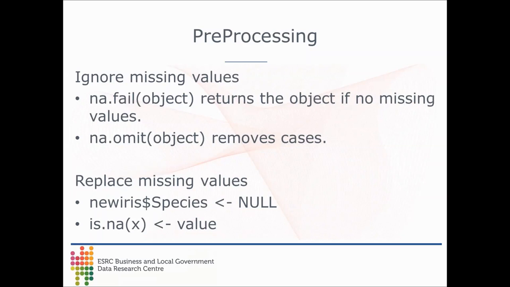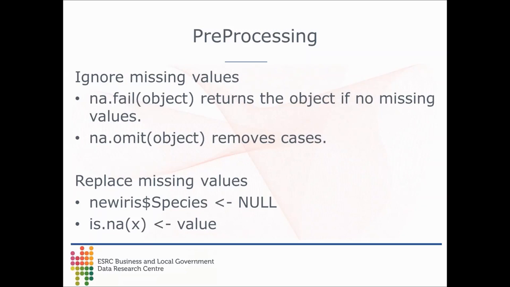We've got the option of using na.fail on our data object to return an object only if there are no missing values, so that becomes a test. And with na.omit, we can remove lines of data from the data set which are incomplete.